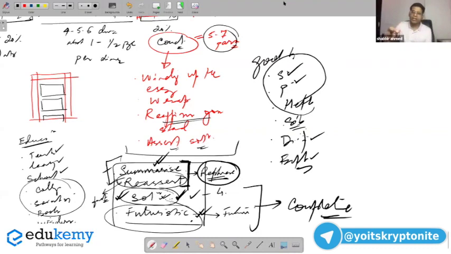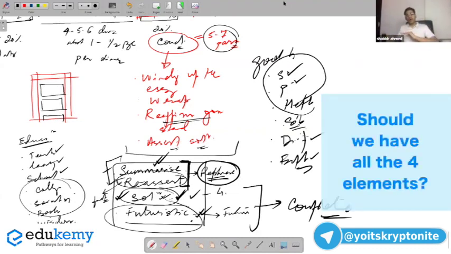Okay, now Nidhi is asking me something. Nidhi is asking me in the conclusion, should we have all the 4 elements? Okay, I will suggest if you have all the 4 elements, then you can write a bit better. If I say keep only summarization for conclusion, then you cannot summarize for 2 pages.